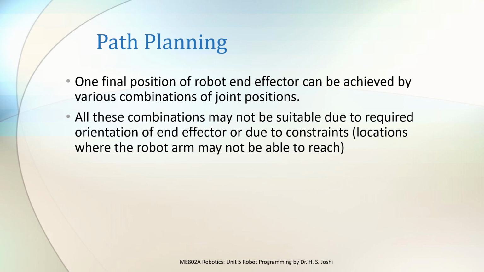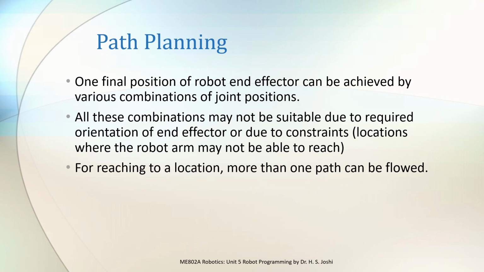So even though there can be a simpler option of joint positions available to reach that particular point, you may have to use some complex combination of joint positions to reach a particular location, or difficult to reach locations in that case. For reaching a location, more than one path can be followed.